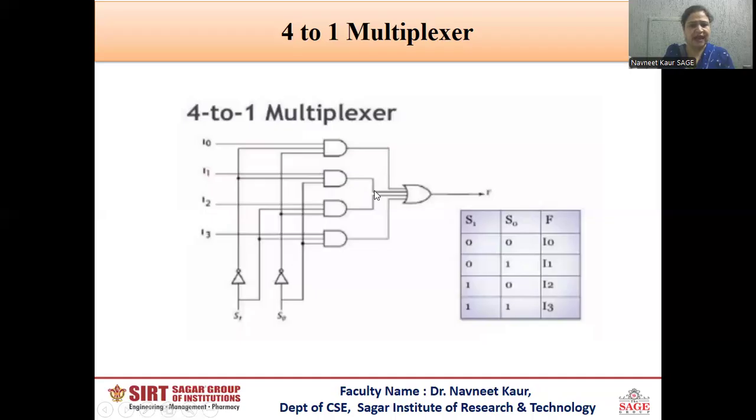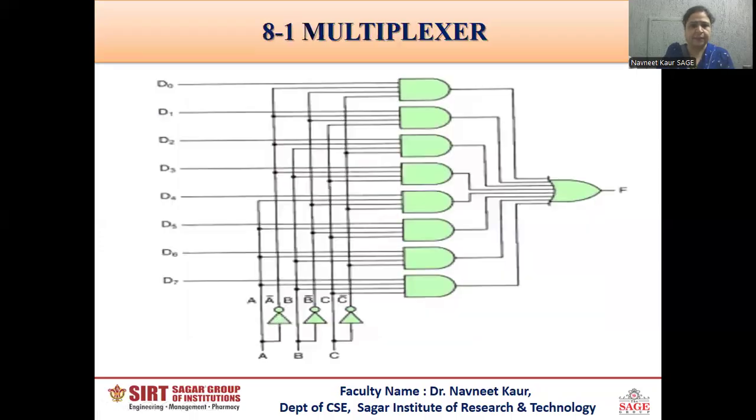So this output, which will be I1, will be given to the OR gate, whereas the other three inputs of the OR gate will be 0 and the output F will be I1. In this way, the second input will be connected to the output of the multiplexer.